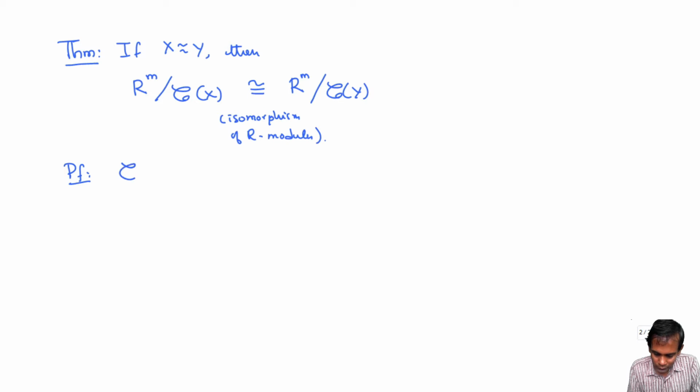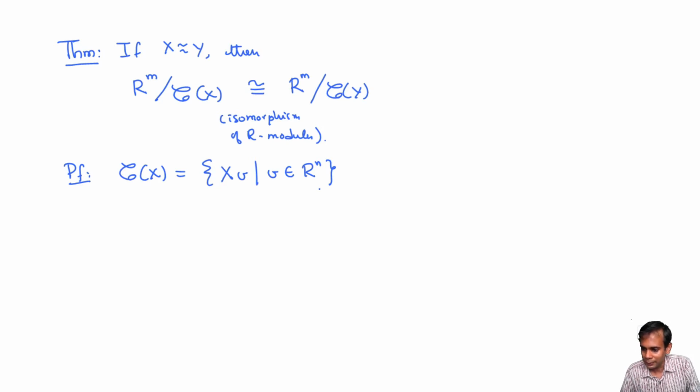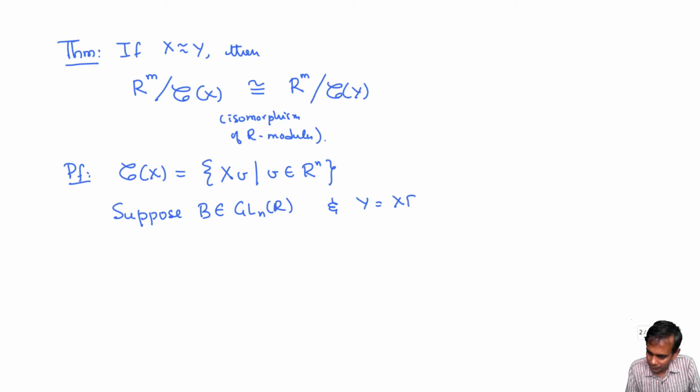So recall, what is the column space of the matrix X? The column space of the matrix X is nothing but all vectors of the form X times V, where V is a column vector in R^n. So if X is an m by n matrix, and now suppose B belongs to GL_n(R) and Y is equal to XB.